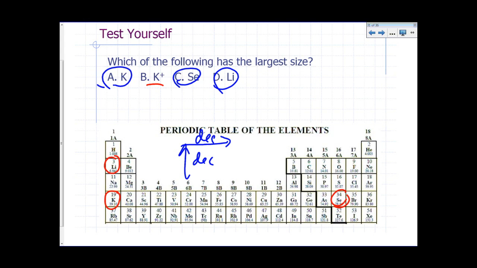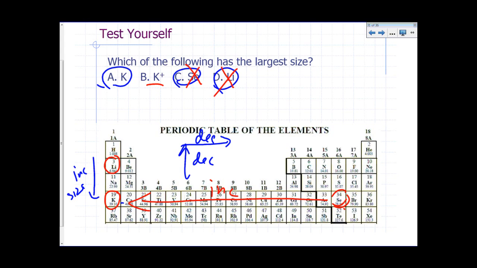So it's going to be increasing size this way and decreasing size that way. If you go the other way, that would be increasing size. So potassium is larger than selenium, it's larger than lithium. So it's not selenium, it's not lithium.